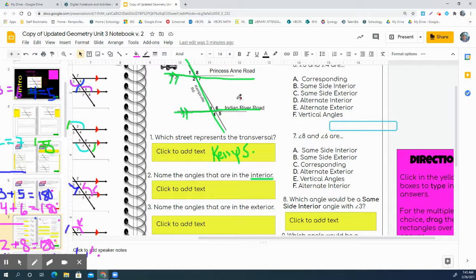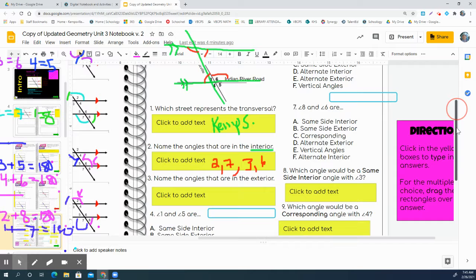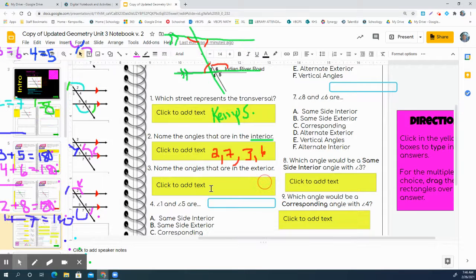2, 7, 3, and 6? Absolutely. So we're going to type in 2, 7, 3, and 6. Okay. Interior talks about inside the parallel lines. What are the angles on the exterior? If 2, 7, 3, and 6 are on the interior, what's on the exterior? 1, 8, 4, and 5.